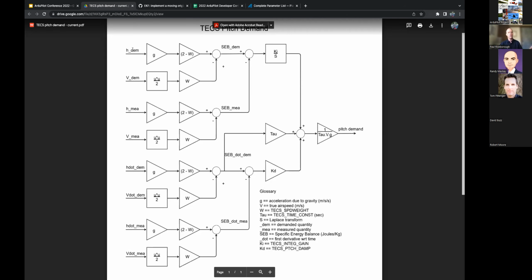We actually rate limit and try to keep the height demands to TECS within a feasible rate of climb and descent. But many users don't set up their parameters to be feasible. They say, well, they're the default climb and descent parameters, but sometimes their aircraft can't climb at that rate of climb, or it can't sink at that rate of sink. And you end up with the height demand getting ahead of the vehicle.